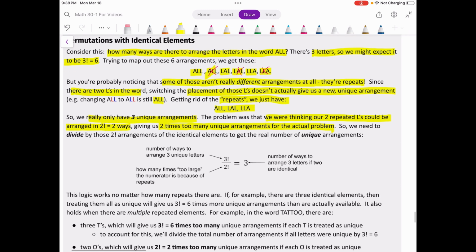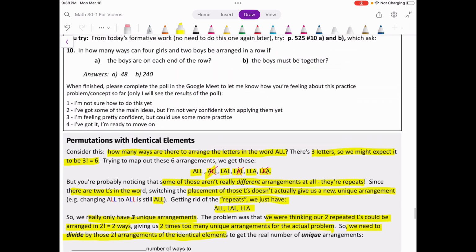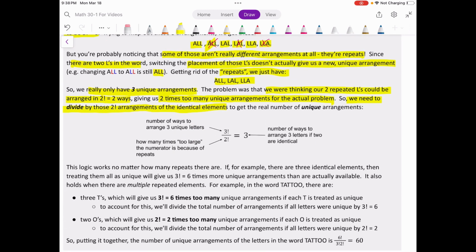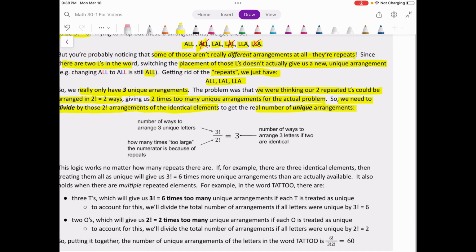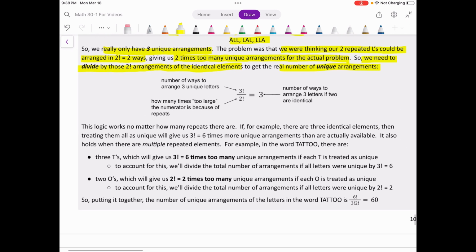So we need to divide by those 2 factorial extra arrangements from the identical elements being identical parts of a set, right? Each letter is an element of a set here, so the L's are 2 identical elements of this 3-letter set. So to get the real number of unique arrangements, here's the breakdown, right? Take 3 factorial, that's how many ways there are to arrange 3 unique letters, but that's going to be 2 factorial times too big because we're considering in there just switching the L's around.